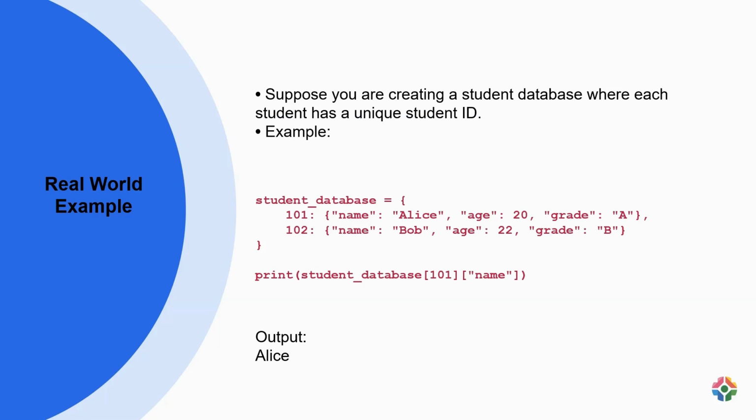By accessing the database with a specific student ID followed by the attribute key, e.g., name, you can retrieve and display the corresponding student's information. In the provided scenario, calling print(student_database[101][name]) will output Alice since the student with ID 101 has the name Alice in the database.